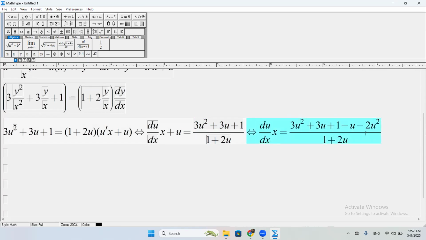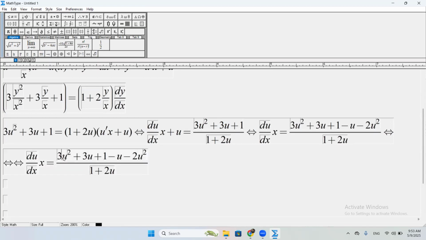Then we will simplify it a little bit. Here will be u squared plus 2u plus 1, and by the way, we receive a perfect square here. It will be useful for us when integrating.